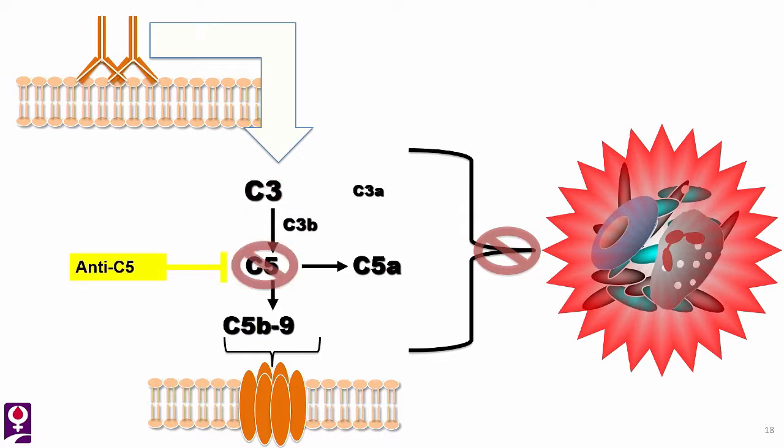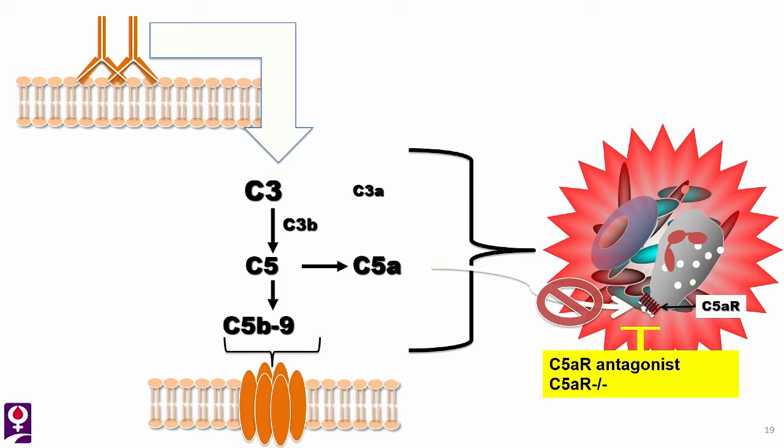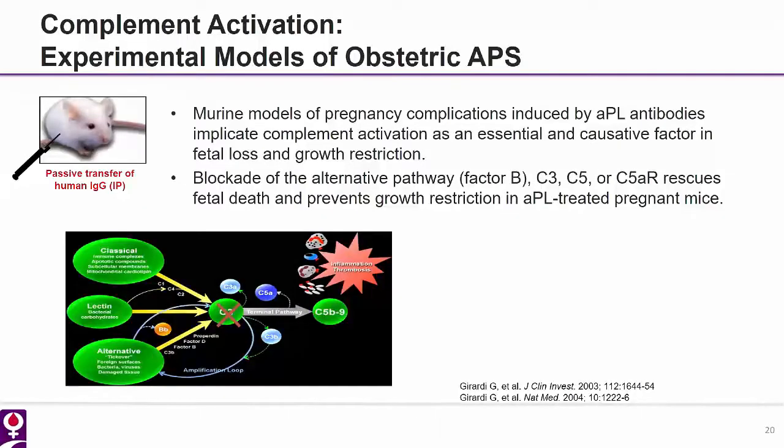And blocking C5 will rescue pregnancies, prevent leukocyte infiltration, and so on. And using C5a receptor blocking techniques will do the same thing. And so you can get at rescuing the murine model pregnancy in various ways.